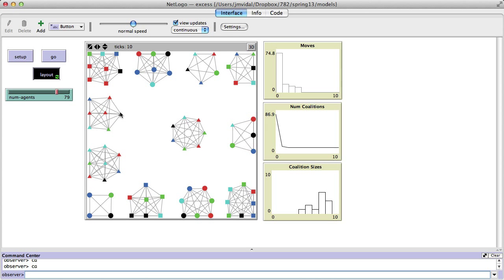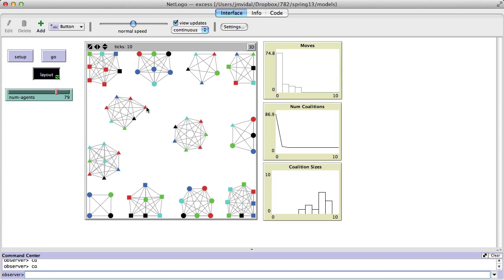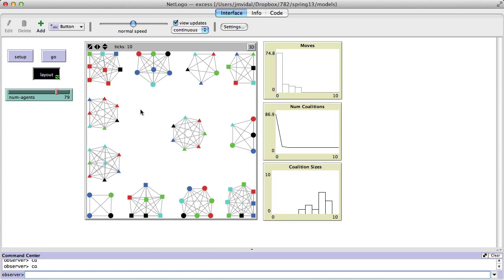Now this is not a solution that's in the core. All we're saying is that in this solution, no one agent wants to leave their current coalition and join another one, where there's an excess and they get a higher value than in their current coalition.